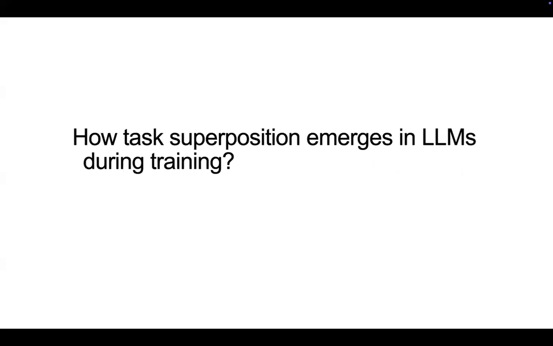Okay, so we have seen that in pre-trained models, the model can in context learn multiple tasks in superposition. How does task superposition emerge in LLMs during training? One thing is that most likely the models were not trained on samples where we provide multiple tasks in context.